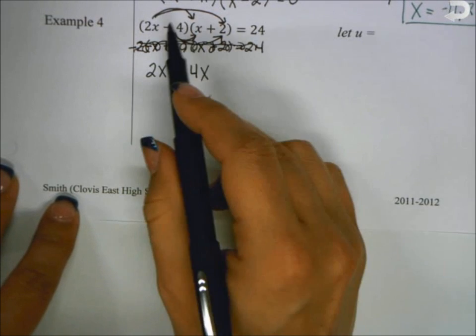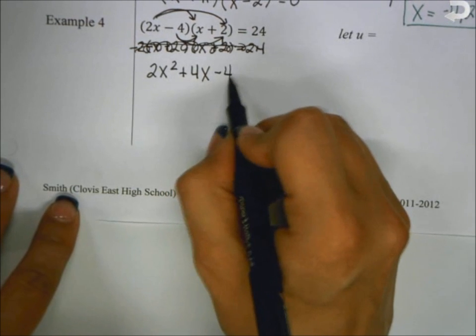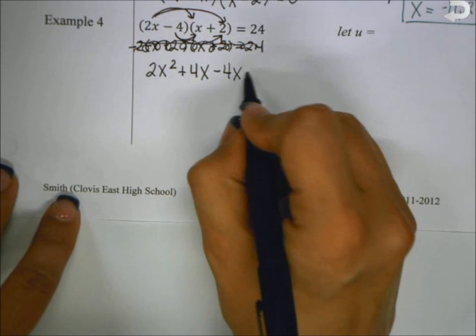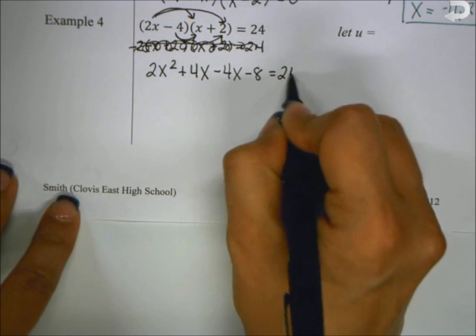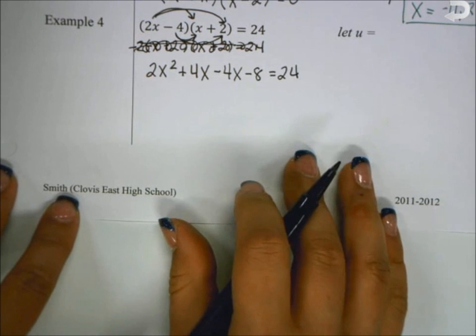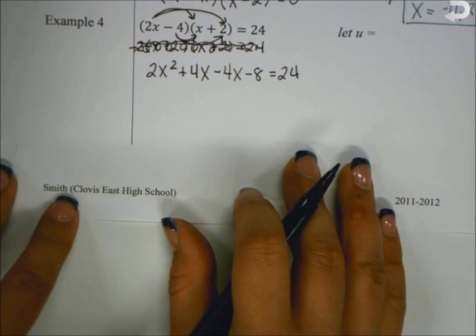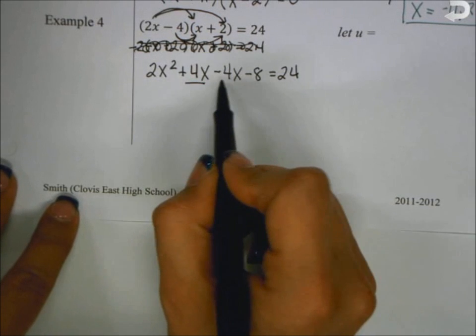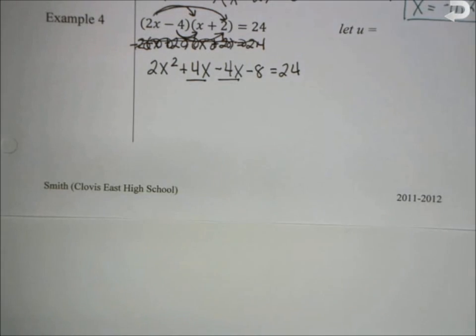Okay, and let's combine like terms. I have plus 4x minus 4x. So what does that give me? A 0. So what am I left with? 2x squared minus 8 equals 24. And now I want the whole thing to be equal to what? To 0. Oh, yeah, I need to subtract 24 from both sides to get the whole thing equal to 0.